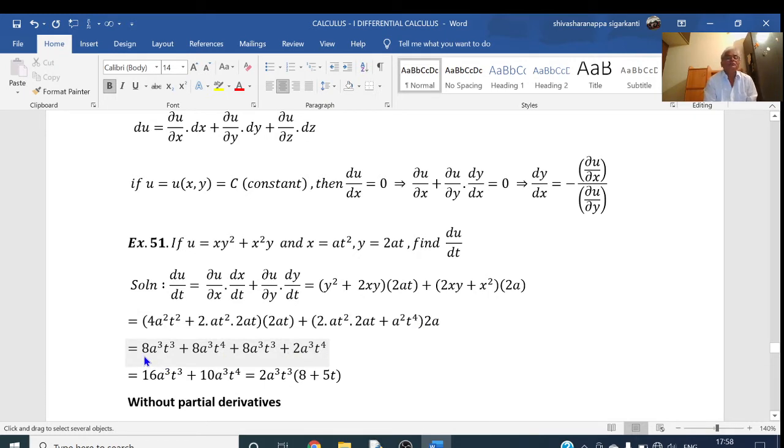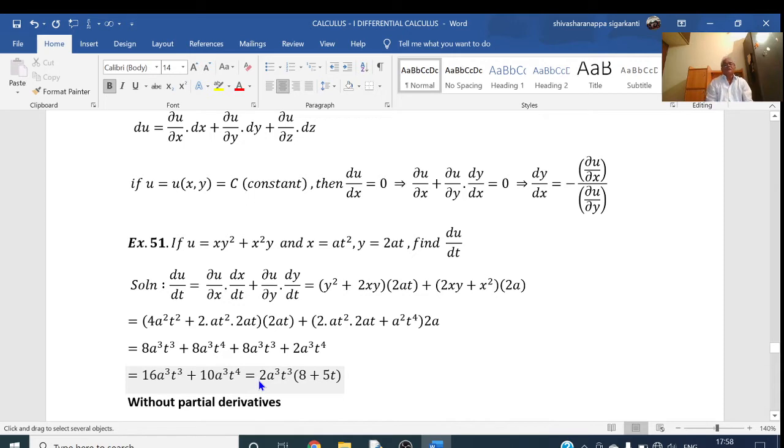Now writing the similar terms here, 8a cube t cube plus 8a cube t cube, 16a cube t cube, plus 8a cube t raised to 4 plus 2a cube t raised to 4. So 10a cube t raised to 4.